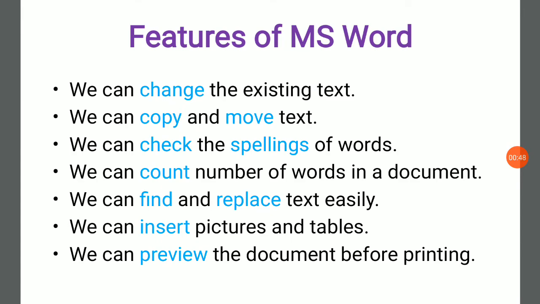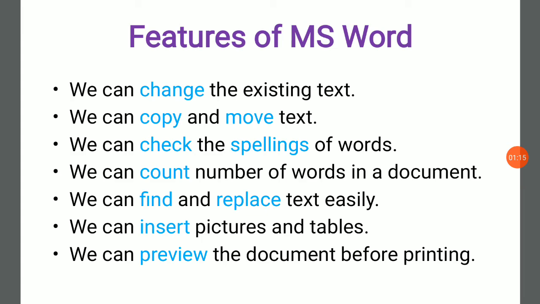Features of MS Word. In MS Word, we can change the existing text. We can copy and move text. Third point, we can check the spellings of words. Fourth, we can count number of words in a document.